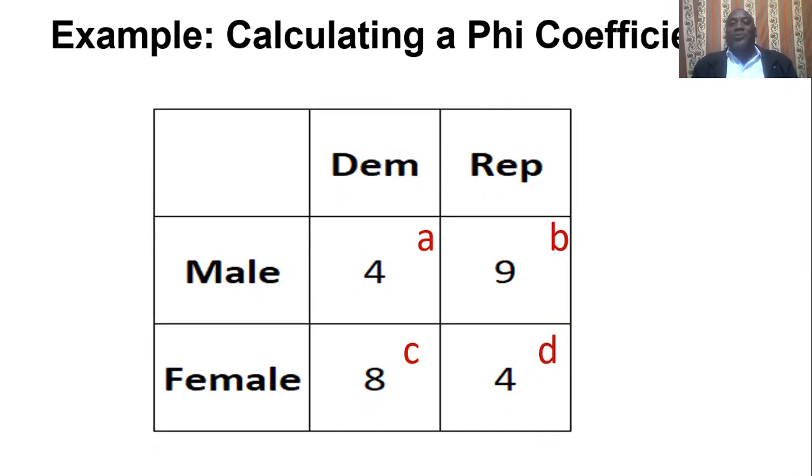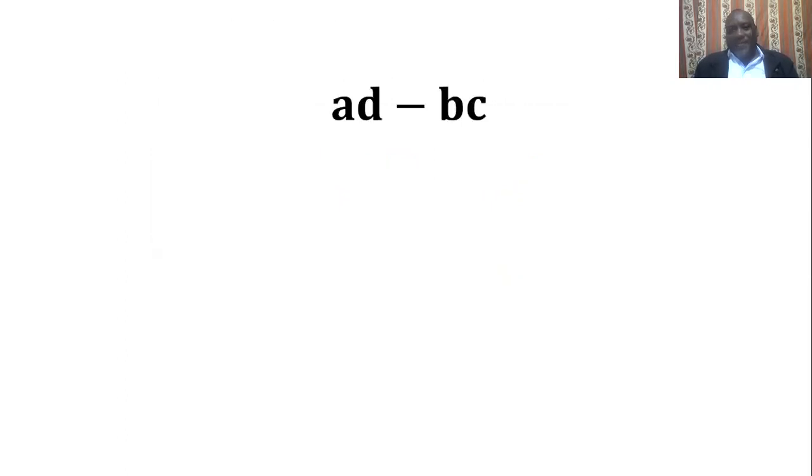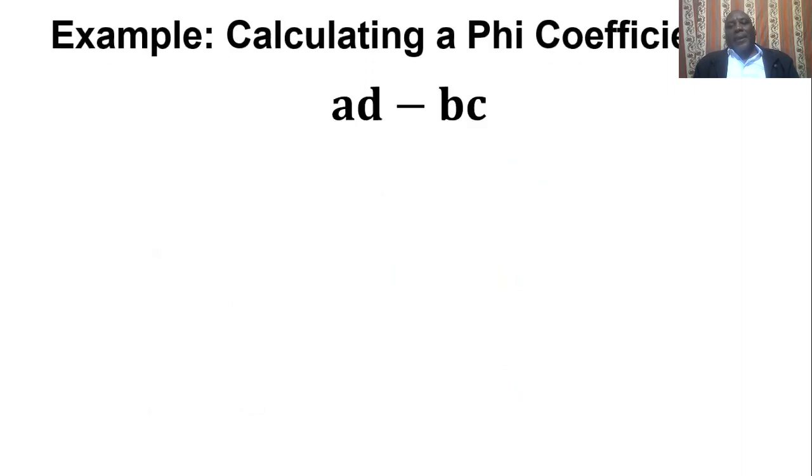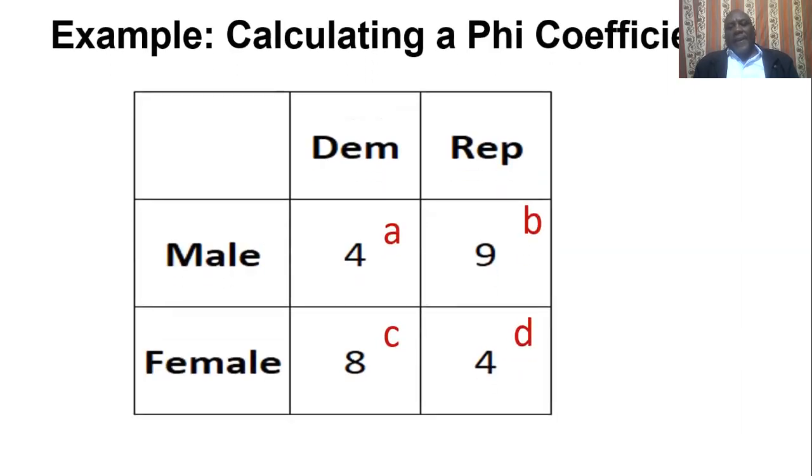Then we proceed to calculate using the formula we gave at the beginning of the lecture. In this grid, we take the diagonals first.